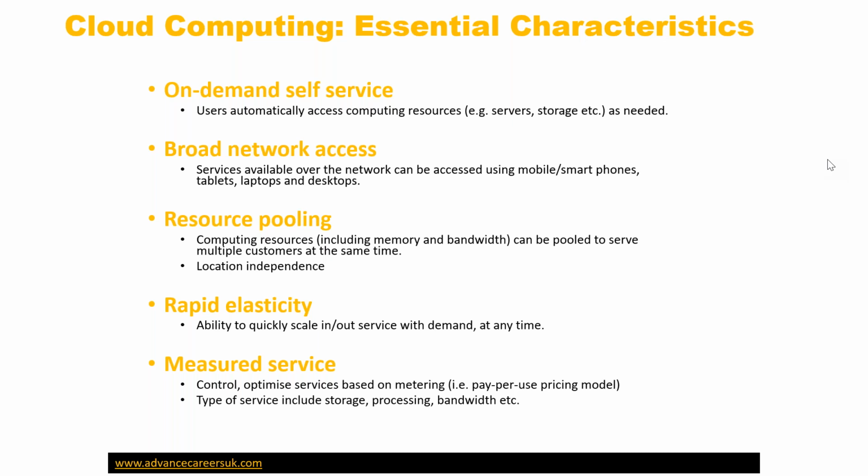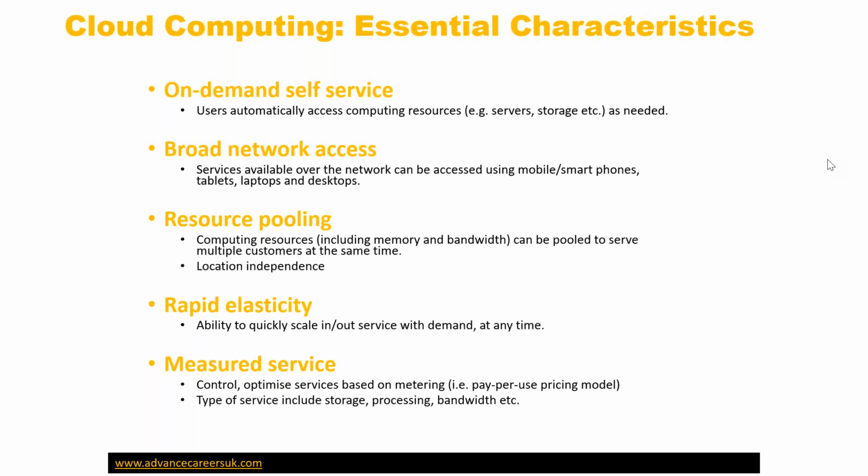It doesn't matter where you are. So if there are 20 data centers that Amazon or Google or Microsoft has, they can distribute the resources all over the world, so everyone can access it. It doesn't matter where you are.